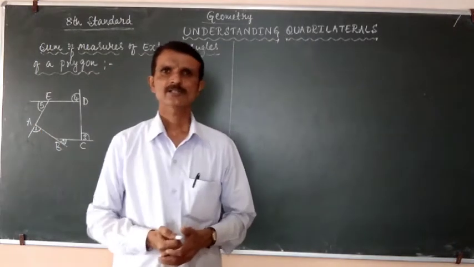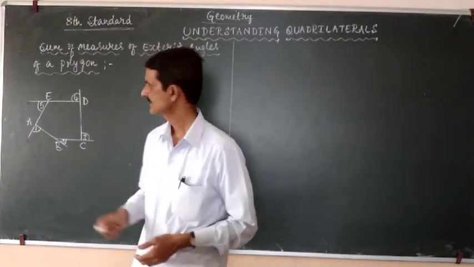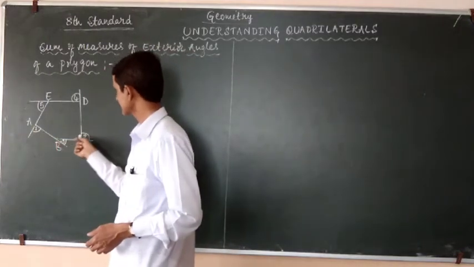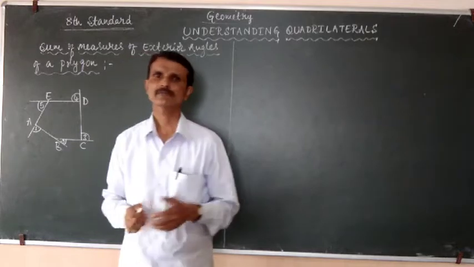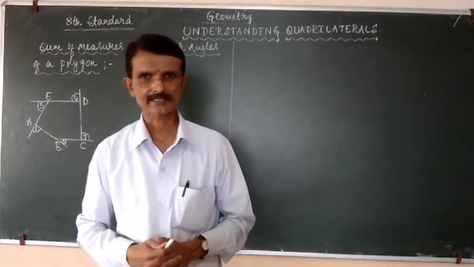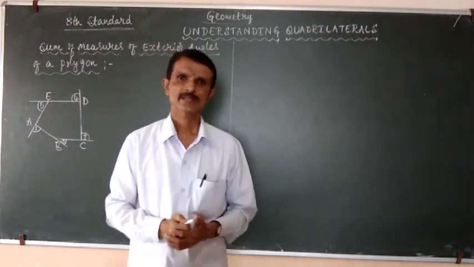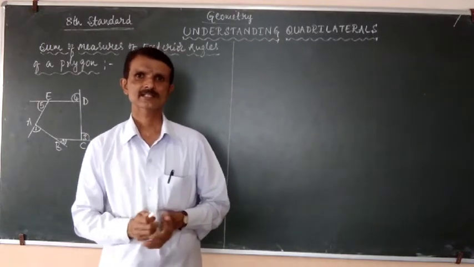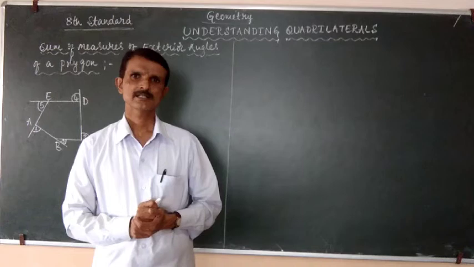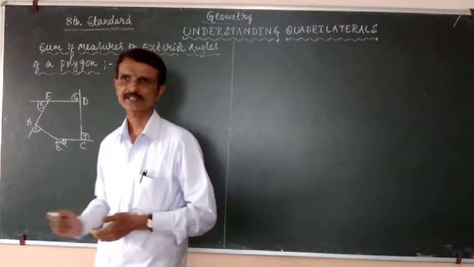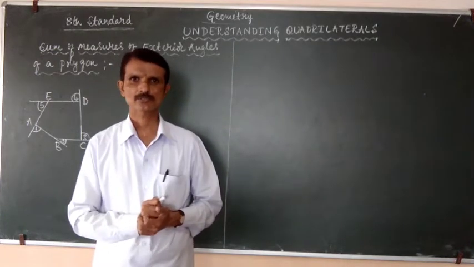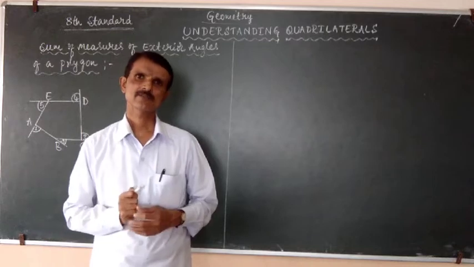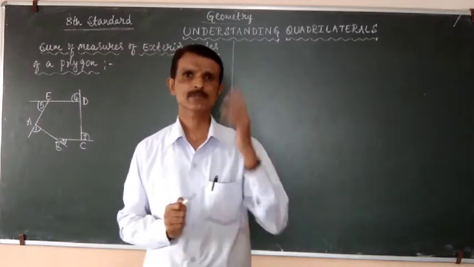If you measure these exterior angles with the help of a protractor and add all the angles, the sum of the exterior angles is always equal to 360 degrees for any type of polygon.